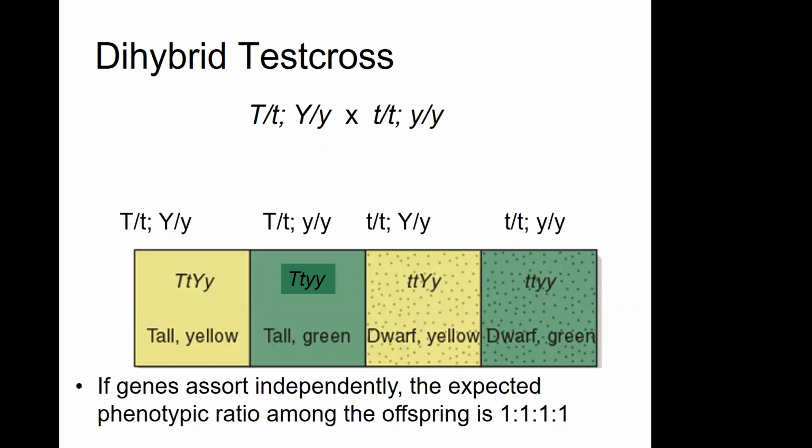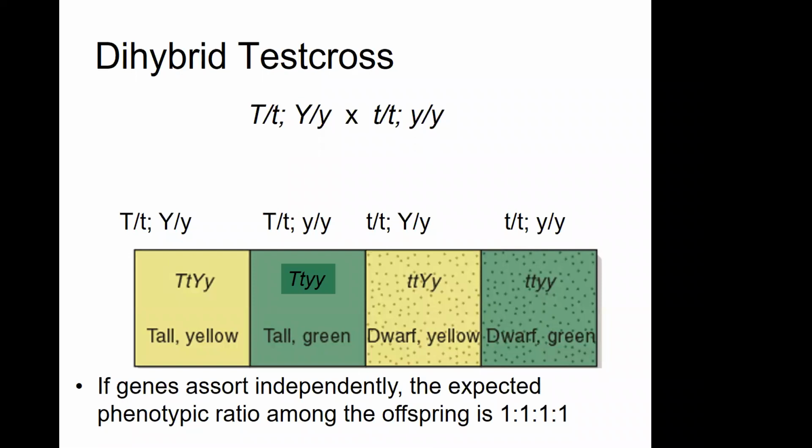So for monohybrids, you end up with a 1 to 1 test cross ratio. This means you took a heterozygote with a dominant phenotype and crossed it with a homozygous recessive.